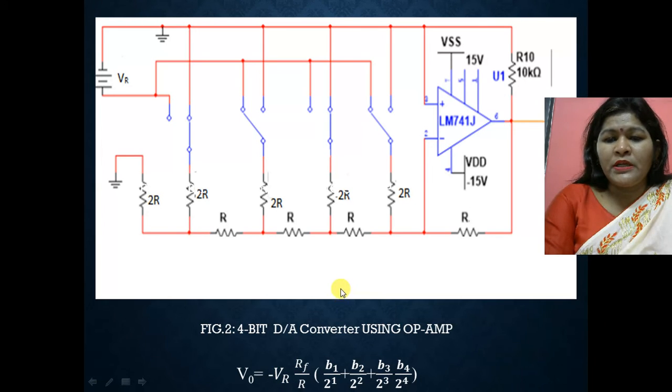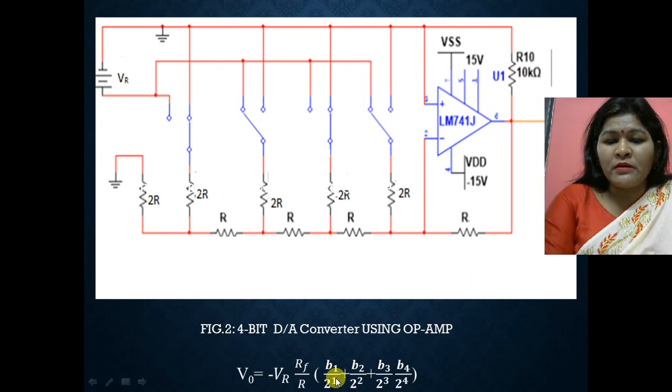If the circuitry works in inverting mode, then the gain is minus Rf upon R1, and if it works in non-inverting mode, then the gain is 1 plus Rf by R1. Here minus Rf upon R1 represents the gain, because the operational amplifier works in summing mode, as a summing amplifier.